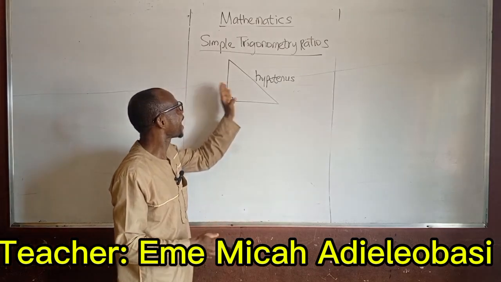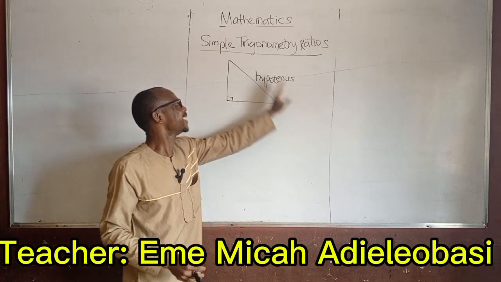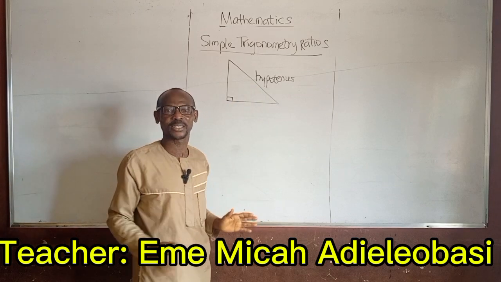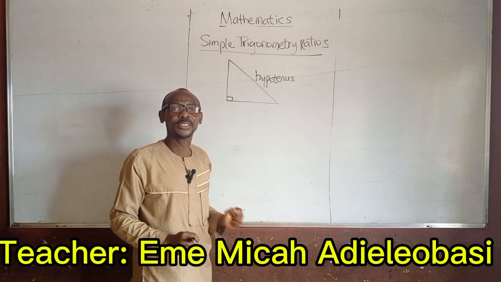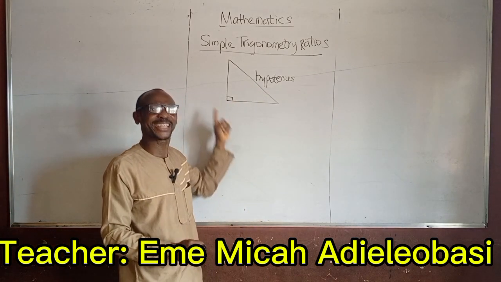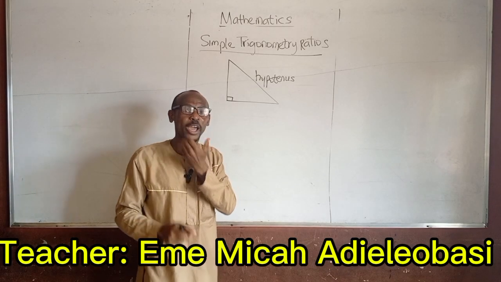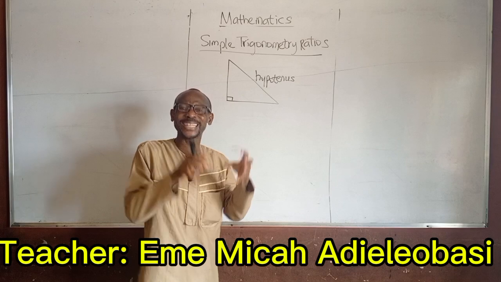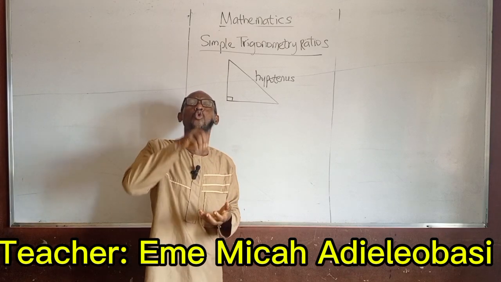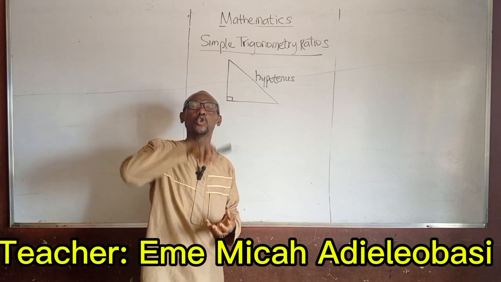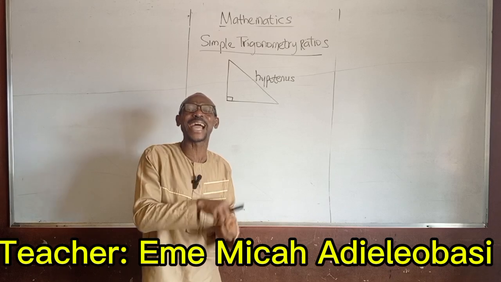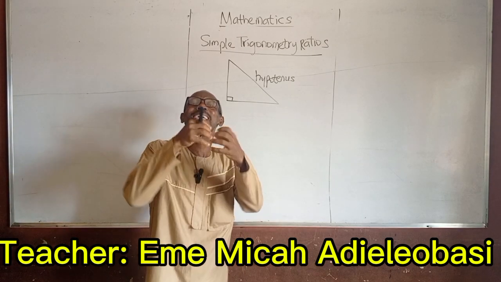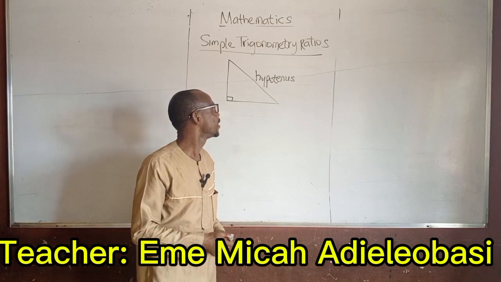Now we say that the hypotenuse side na the side when they face the 90 degree, e dey constant. But the adjacent side and the opposite side for a right angle triangle, e dey change depending on which angle we dey look. Now the angle we dey look, na im we take dey determine which side go be the opposite side and which side go be the adjacent side.